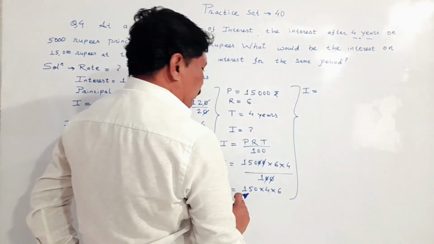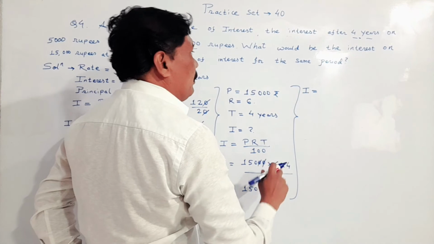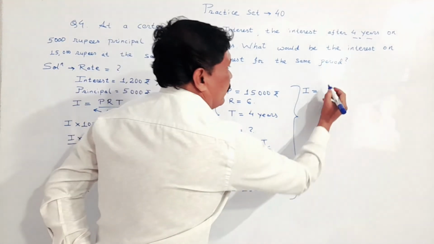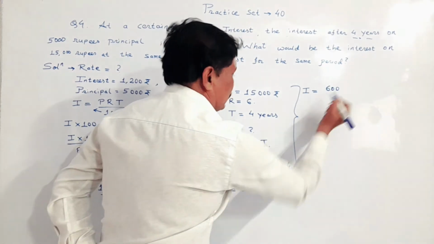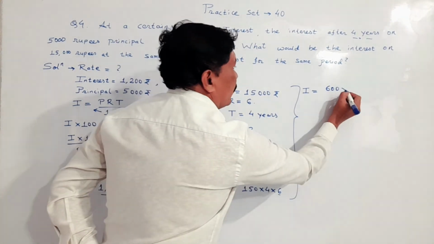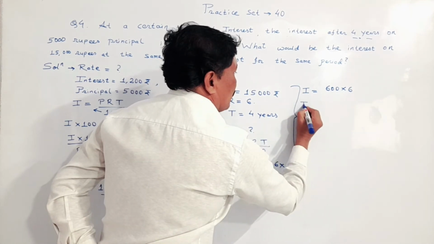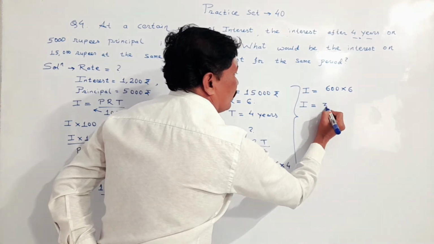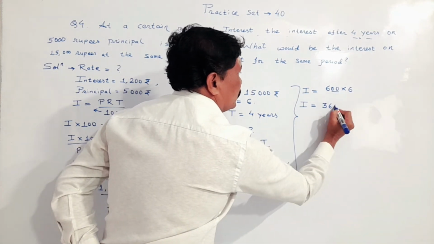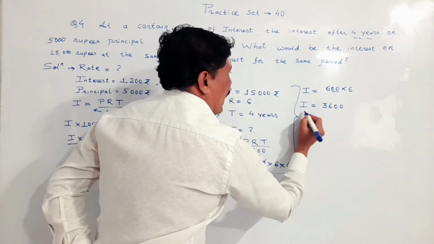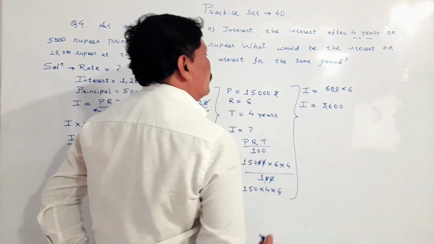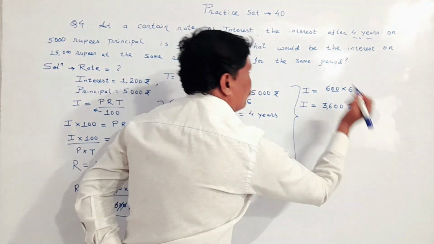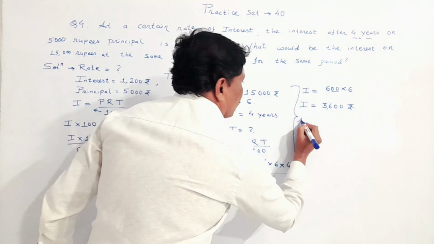I is equal to 150 into 4. 150 plus 150, 300. 300 plus 300 will become 600, into 6. I is equal to 6 6s are 36, 2 zeros we can add. So I is equal to 3,600 rupees. Answer.